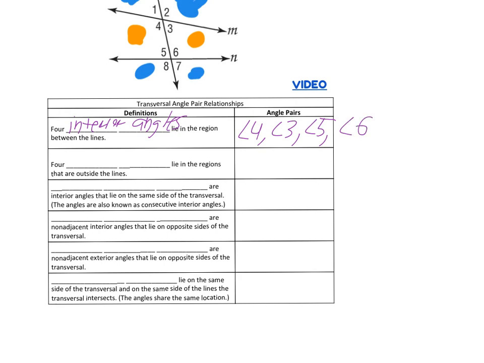We're also going to have 4 exterior angles that lie in the regions outside the lines. So these are going to be the other 4 angles: angle 1, angle 2, angle 7, and angle 8.